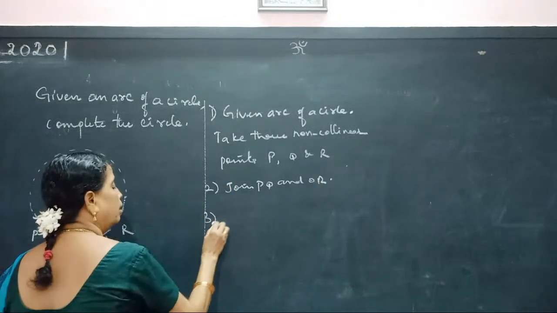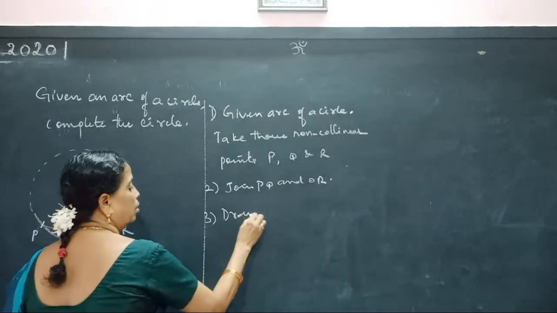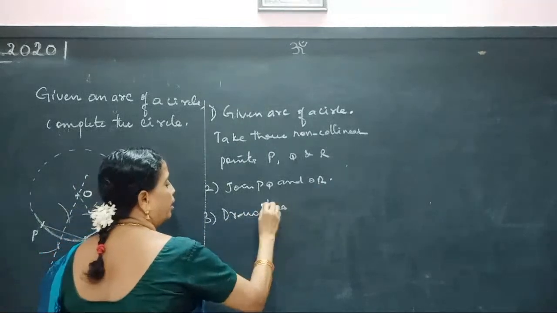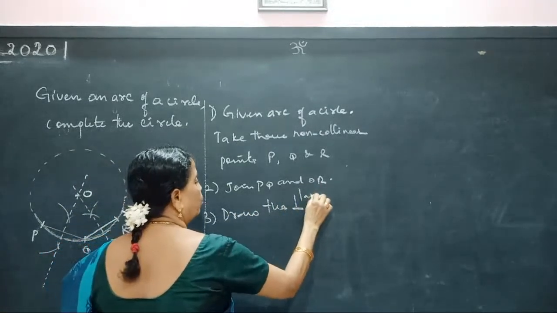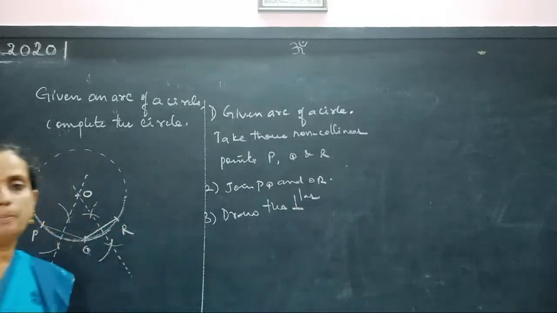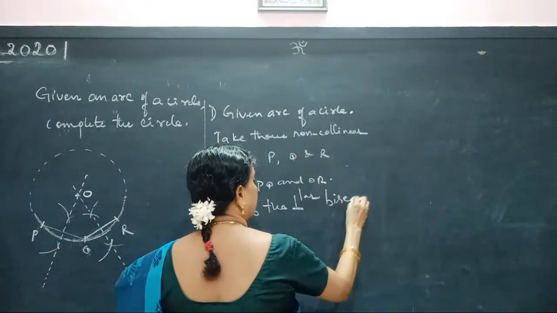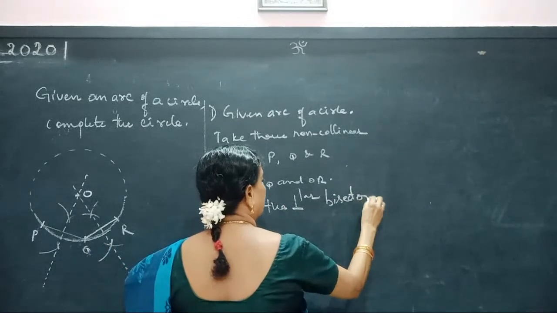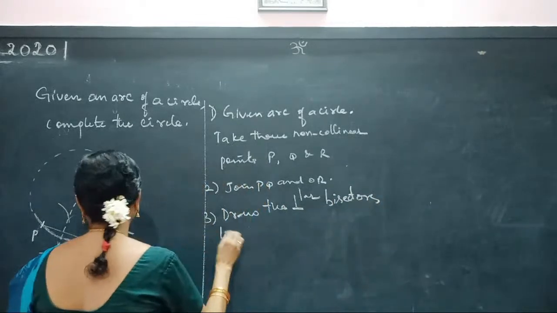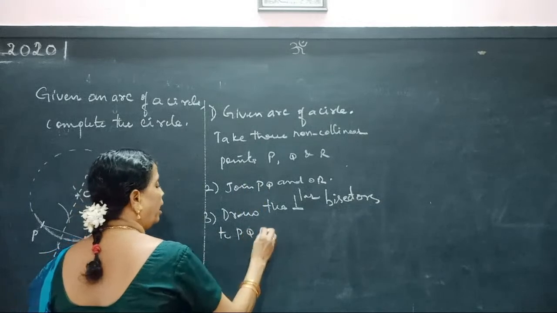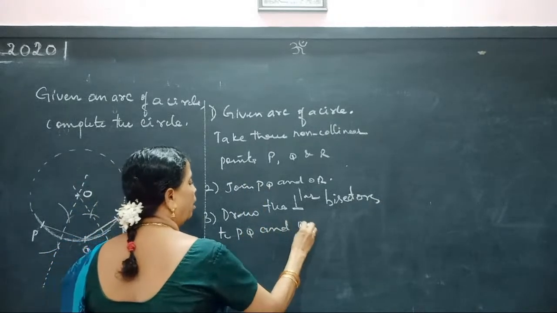Next point, draw the perpendicular bisectors to PQ and QR. I will use this symbol for perpendicular.